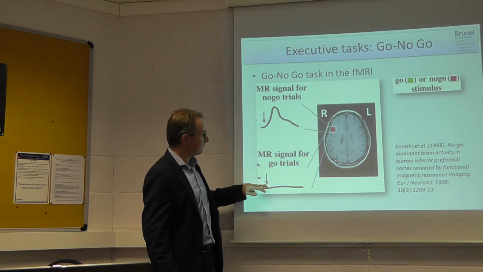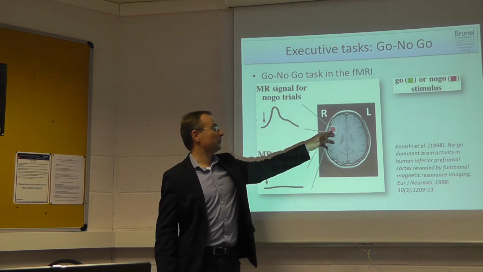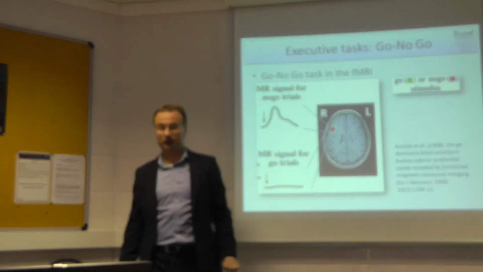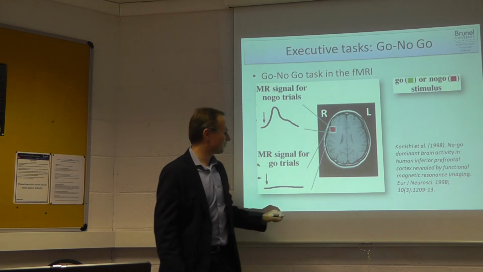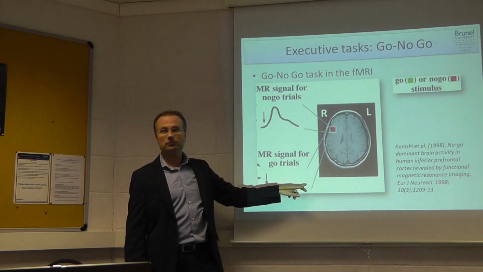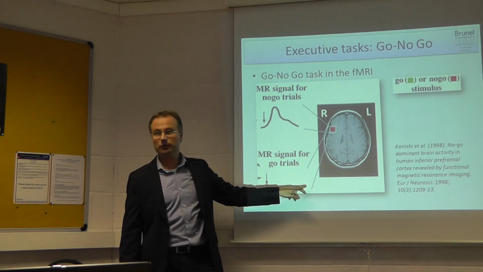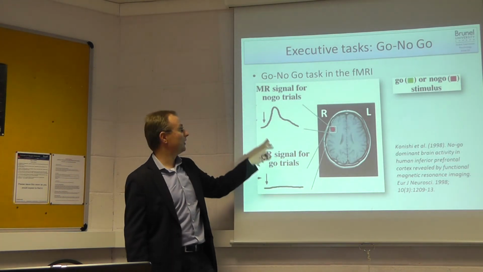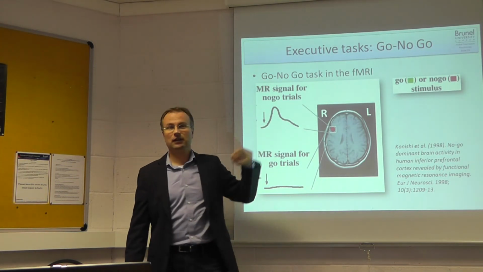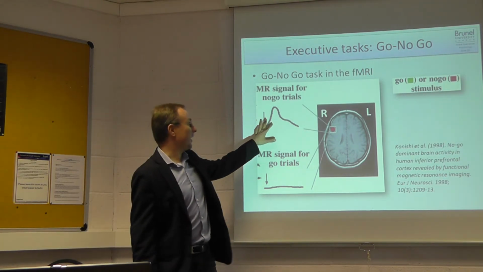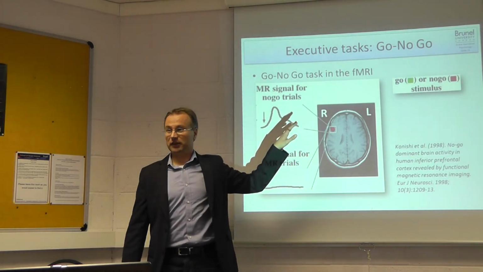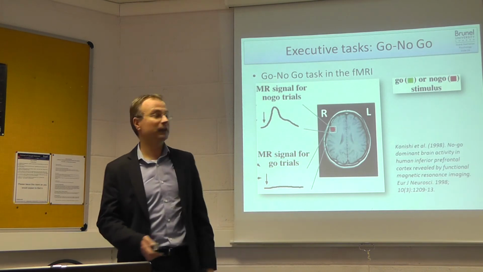In this area, which is the right inferior frontal gyrus, so right lateral prefrontal cortex, we see there is no signal change for go trials when people do something, but there is quite a bit of signal when they don't do something. This is kind of funny, because we get MRI signal when there's actually no overt behavior.